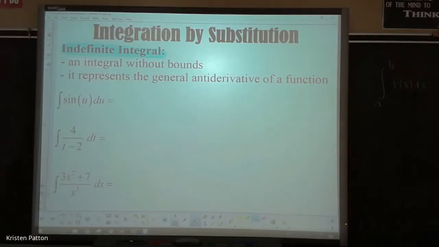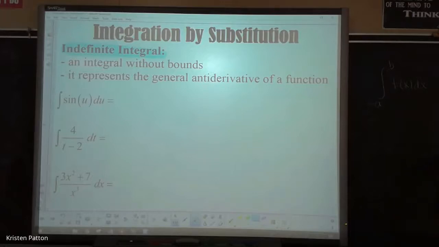A definite integral is an integral that has bounds, which means it represents a defined region from 0 to 5, -3 to 2, a region of area. An indefinite integral is just an integral without bounds, which means it no longer represents a region of area.